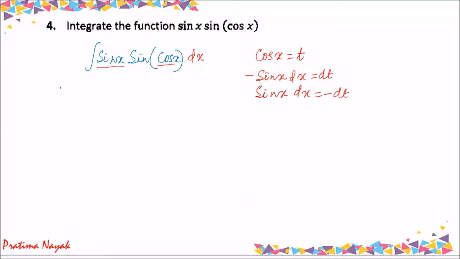Now put it here. Though you need not write this step, for your understanding I am writing it because you are developing the concept. So this is t, this is minus dt. So it will be sin t into minus dt.